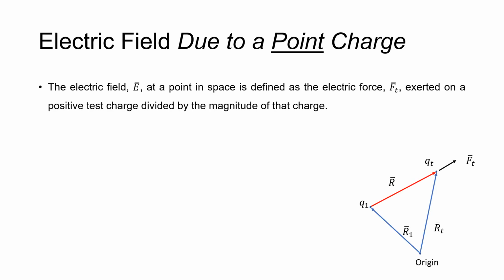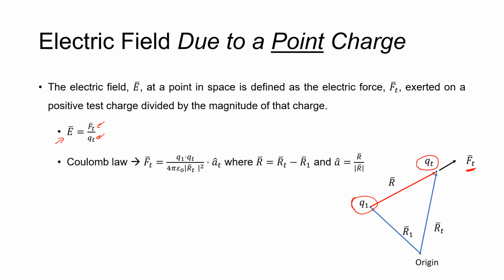The electric field is defined as the electric force due to some charge Q1 here over a unity charge QT. This means that if we divide the force over the charge, we will get our electric field.